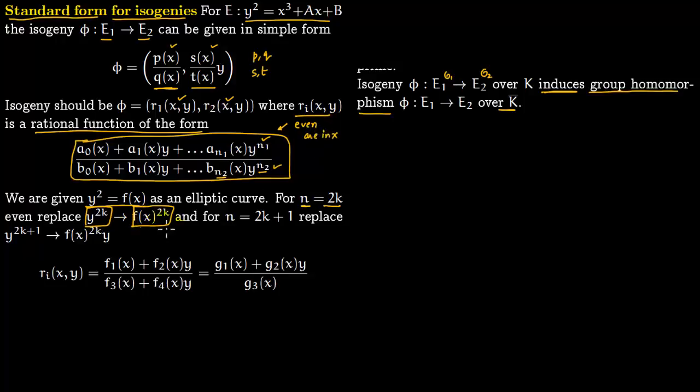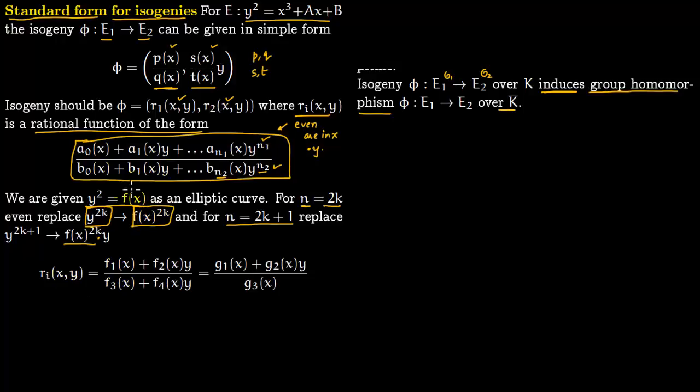So what if the power of y is odd? If n is 2k plus 1, then you retain the even part as f(x) to the power of k, and for the odd part you just multiply with y. So for the odd powers you just have multiplication by y.